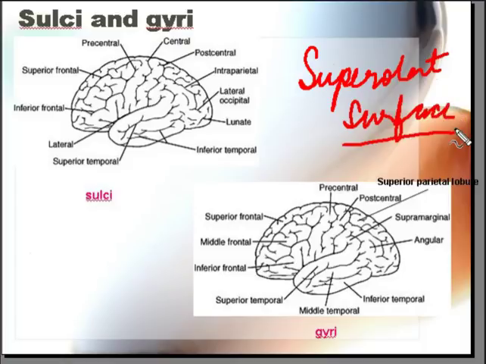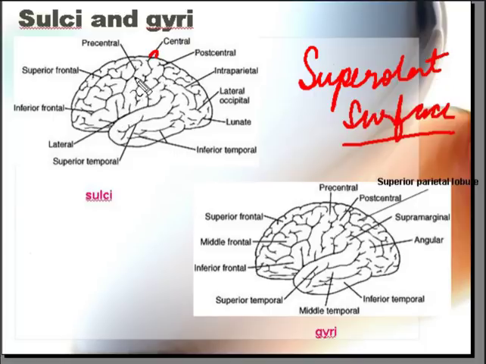If you remember, I mentioned that the central sulcus was the longest uninterrupted sulcus, and it actually begins on the medial aspect. So here in the frontal lobe, you have four. In front of that central sulcus, you see a sulcus present, which is called the precentral sulcus.